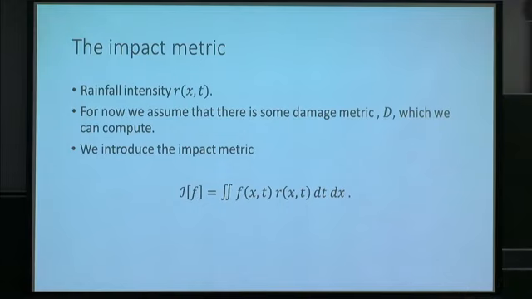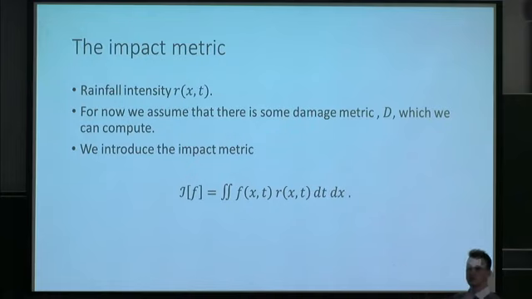Now that we've got both of those components, we can create the impact metric, which is this script I. Is the symbol F in that integral meant to represent the damage metric D? No. I'll go on to explain what F is now. We'll introduce this impact metric, which is basically the integral over space and time of the rainfall intensity times some function F. F controls, you can optimize it or position it however you want, how we sample from the spatial structure of your rainfall.